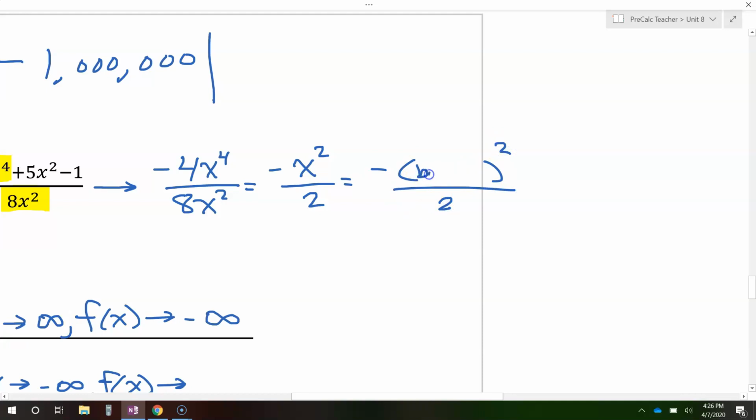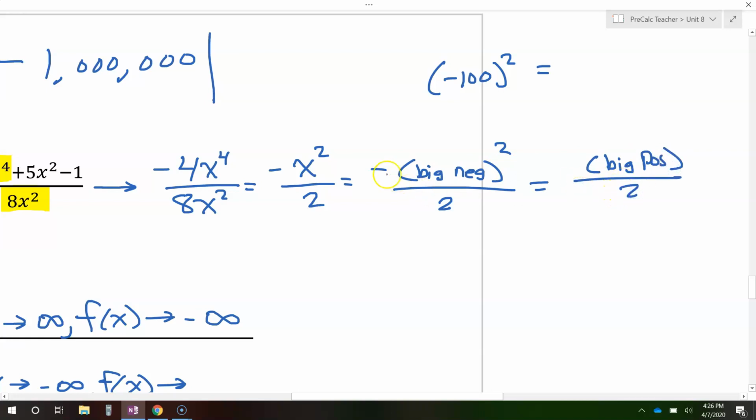All right? This is going to be a big negative number. But then when we square it, it's going to be a positive number. Because if you have negative 100 and then you square it, that's going to give you a positive number. So we're going to square it, and that gives us a big positive number.